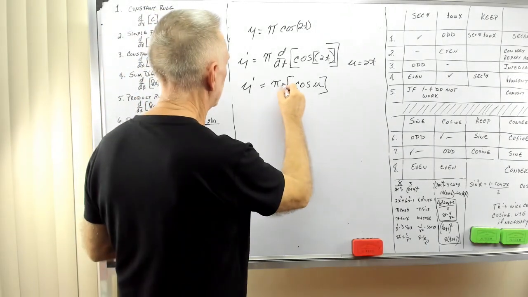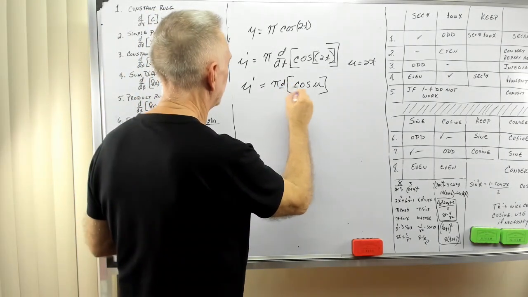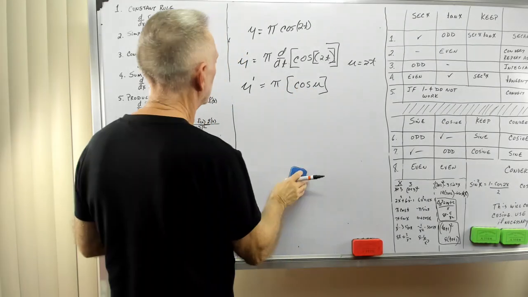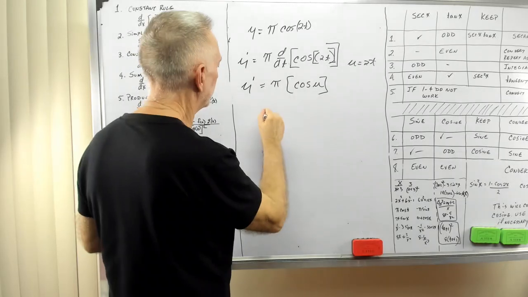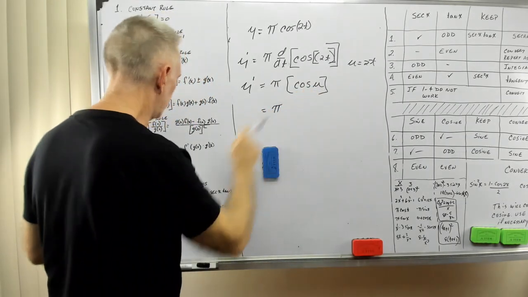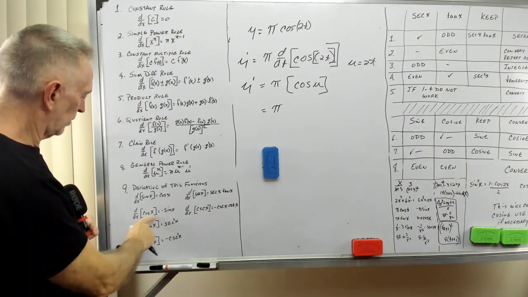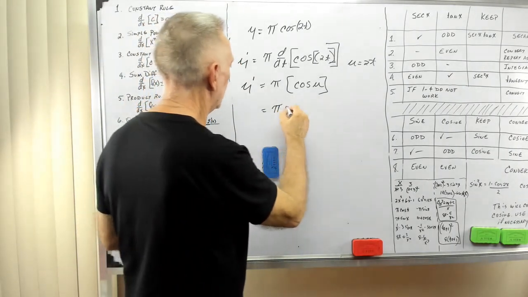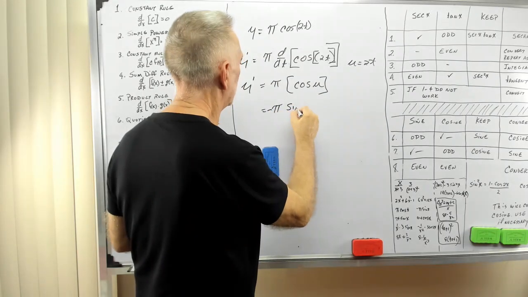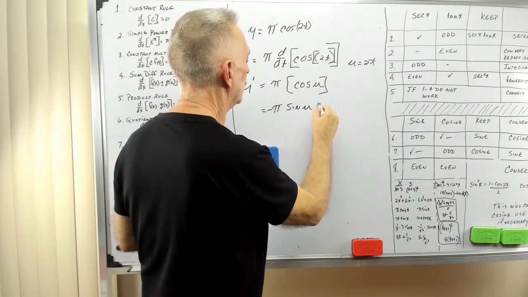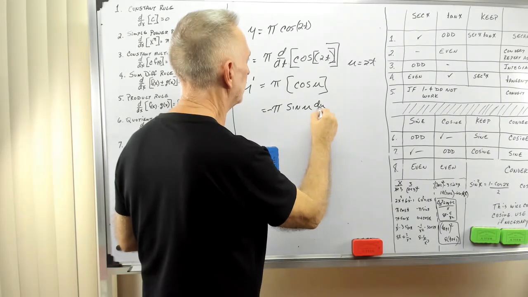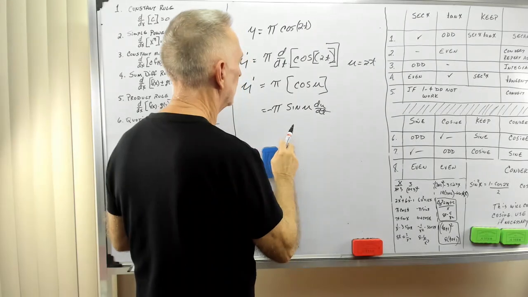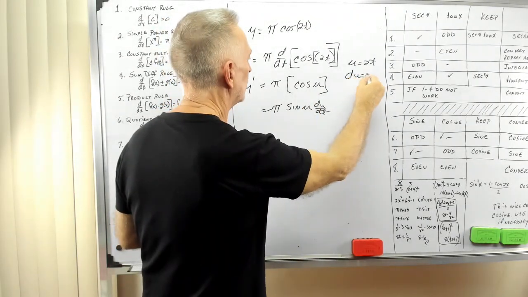And now I'm trying to take the derivative of this thing with respect to u. Well, the derivative of cosine, we looked at it earlier, is minus sine. So I would have minus sine u, but then what's the derivative of u with respect to t? du equals 2.